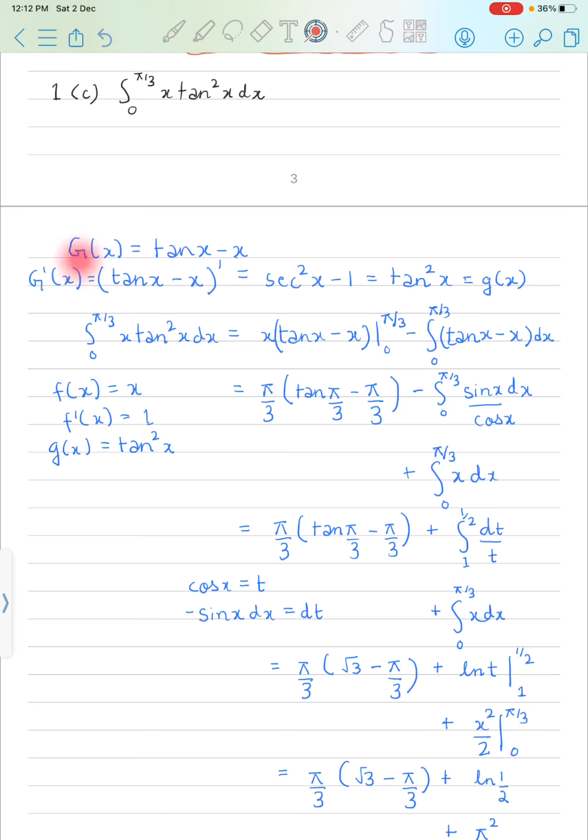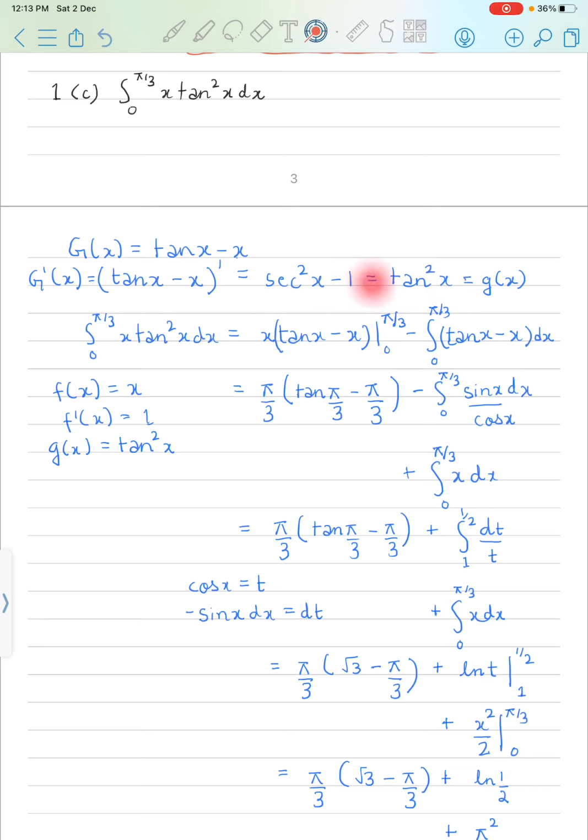Let's see how it works. If you differentiate capital Gx, you will get the differentiation of tan x minus x, and you can separate it out. The differentiation of tan x is sec square x, and the differentiation of x is 1, so this will be sec square x minus 1, and sec square x minus 1 is tan square x, because this is an identity.